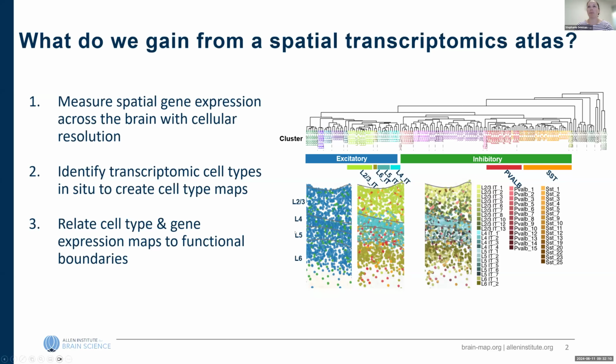So using spatial technologies to aid in those endeavors is critical, but there are also larger questions that we can explore by looking at spatial cell type atlases, such as cell type and gene expression gradients, as well as relating those features to functional boundaries that Rebecca mentioned in the fMRI data that we will gather for particularly macaque brain samples.